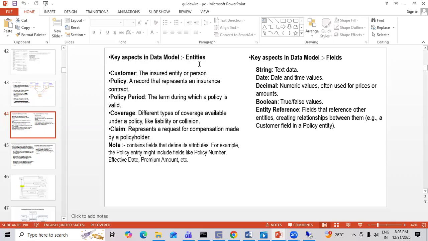These contain fields which define its attributes.